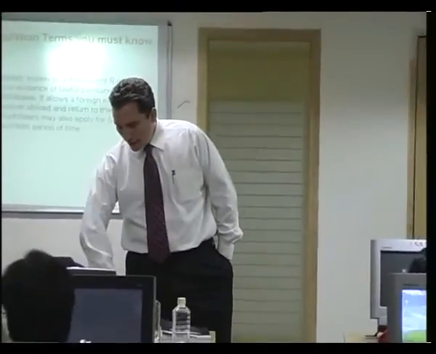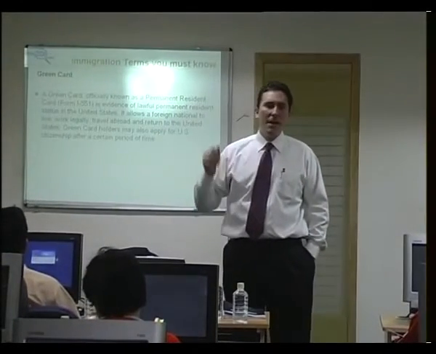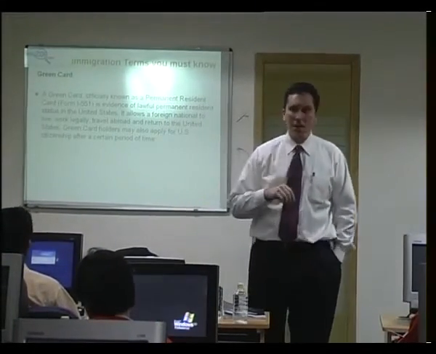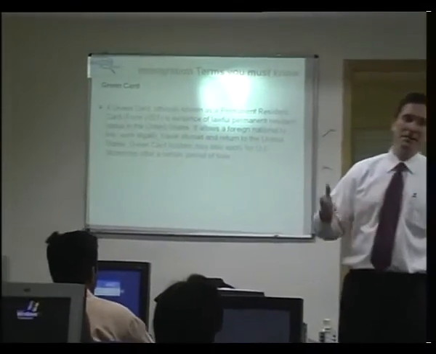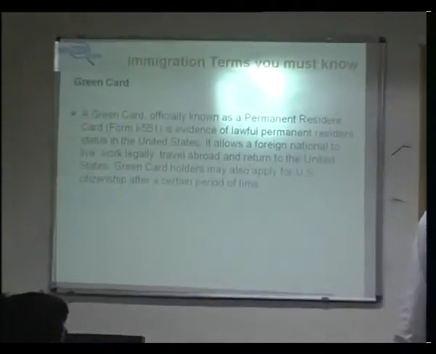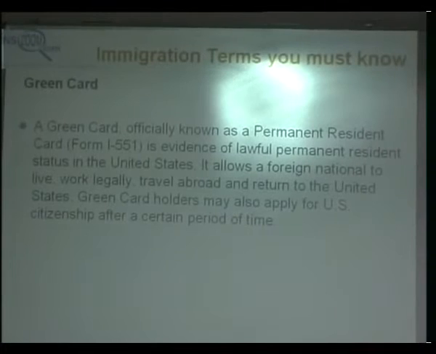So, green card. That's a term you've probably heard over and over again. That is a document. Who can tell me what is that document? What does it do for you, if you have it? Yeah, permanent status, permanent residence, okay, so to combine those two answers. It is evidence of permanent residence in the United States.